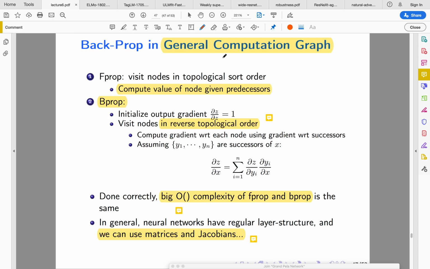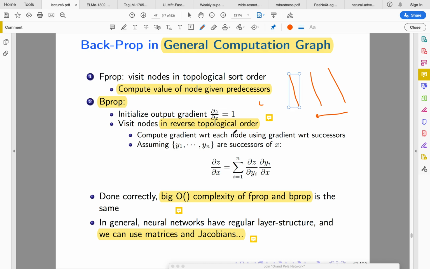So backprop in a general computation graph: forward prop, then backward prop. We visit nodes in a topological sort order. That is, first compute the value of the node given its predecessors. So start with the predecessors, compute the value of the nodes. Then for the backward propagation, initialize the output gradient by taking the partial derivative of the loss, and you get 1.